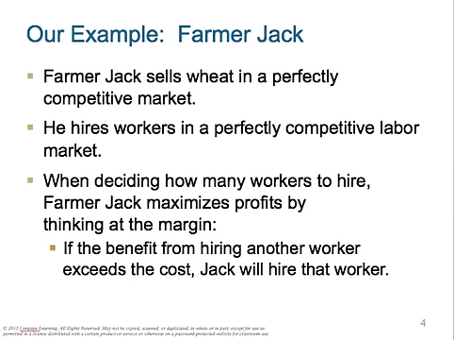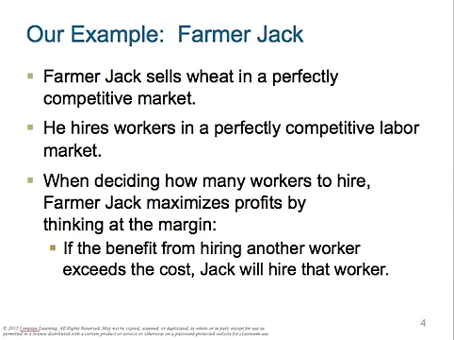Remember, in a perfectly competitive market, there are a lot of suppliers, a lot of buyers, and identical products. A commodity like wheat fits perfectly into a perfectly competitive market. He hires workers in a perfectly competitive labor market. So there are lots of people willing to work, lots of people willing to hire labor. When deciding how many workers to hire, Farmer Jack maximizes his profits by thinking at the margin.